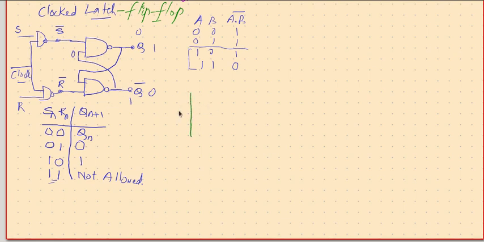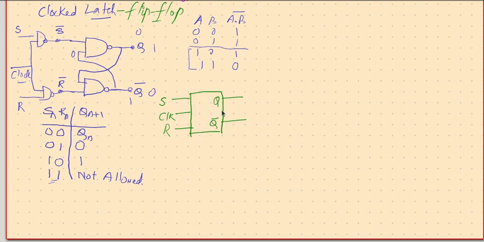So this whole circuitry we can represent with a simple block diagram. This is set, this is reset, and this is our clock. That's our output, that's our complemented output.